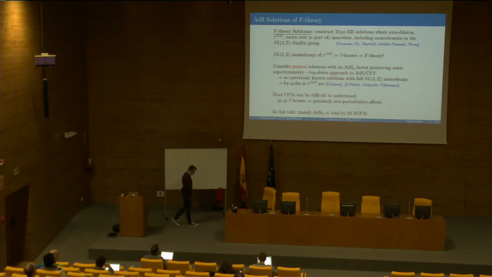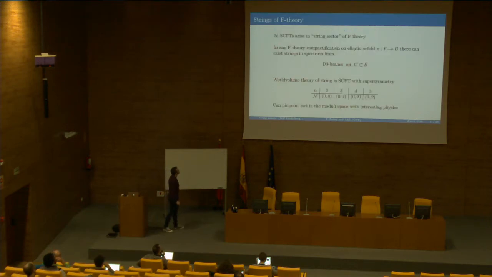AdS3 is, of course, dual to 2D SCFTs, and we have at least some understanding of where 2D SCFTs come up in F-theory. We know at least two places, so let me tell you one of them. One of them is that they occur in what I could call the string sector of F-theory.